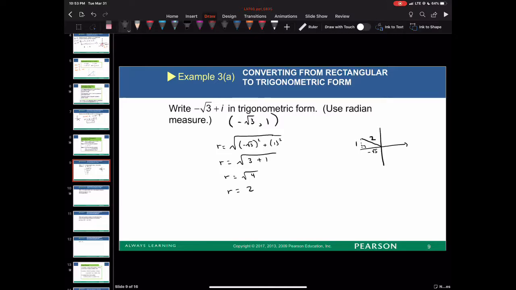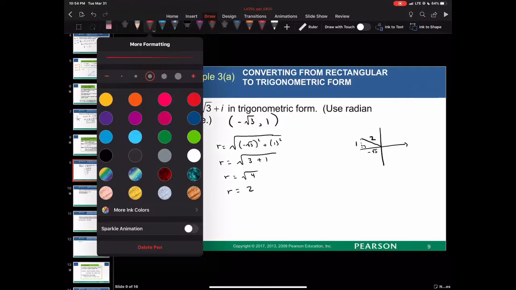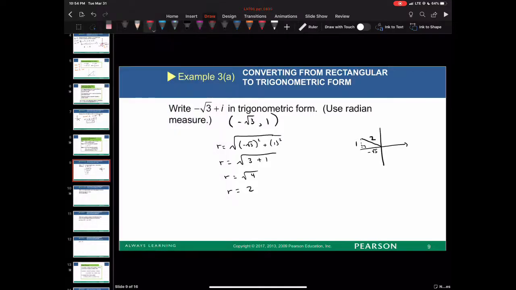So now let's look at something. Now let's get theta. So to find theta, we have what? The tangent of theta is equal to 1 over negative square root of 3, which is just what?